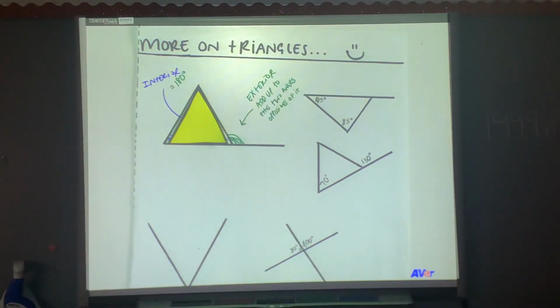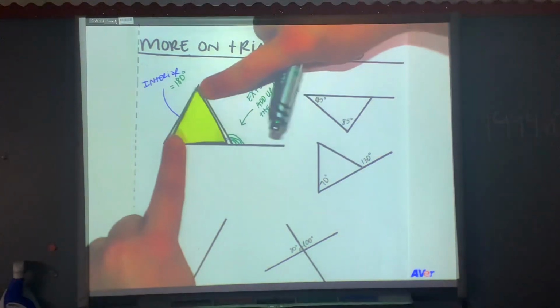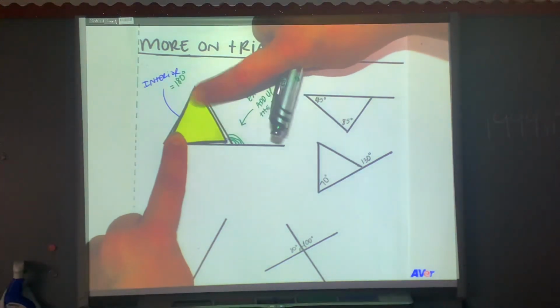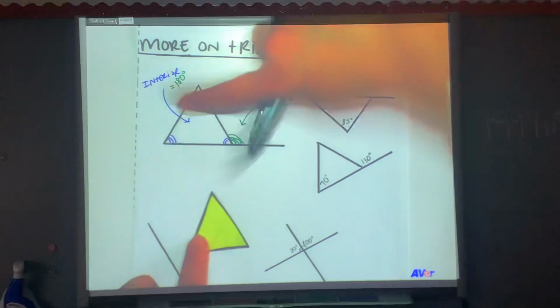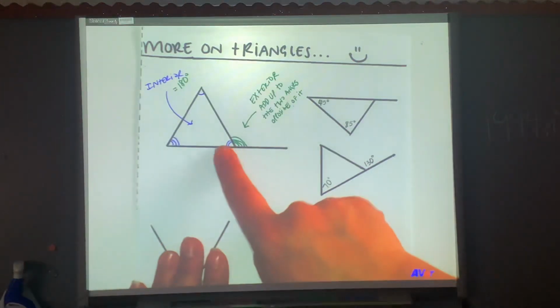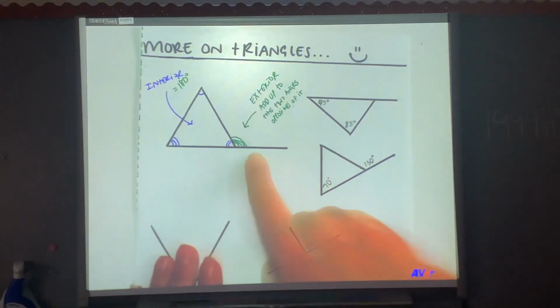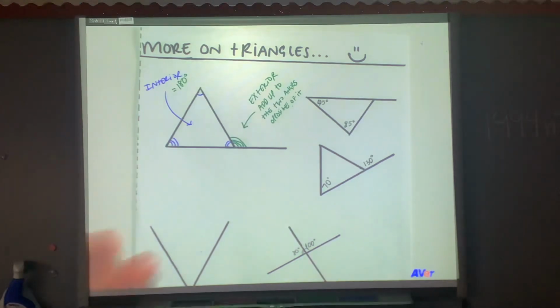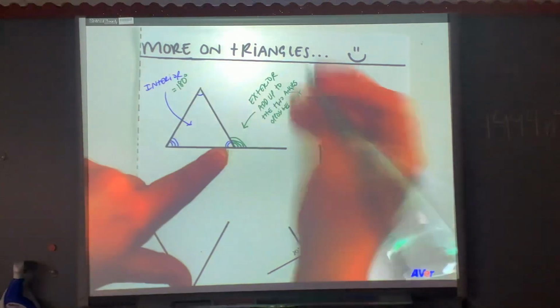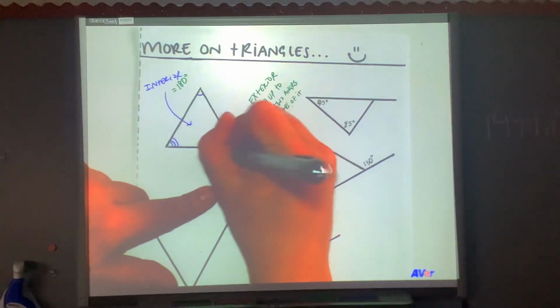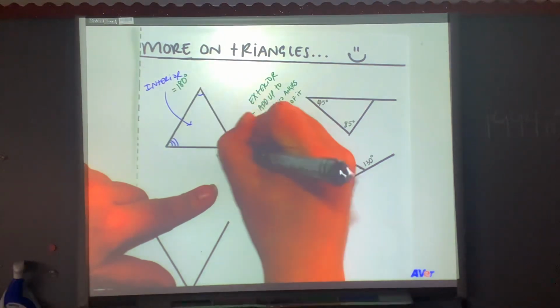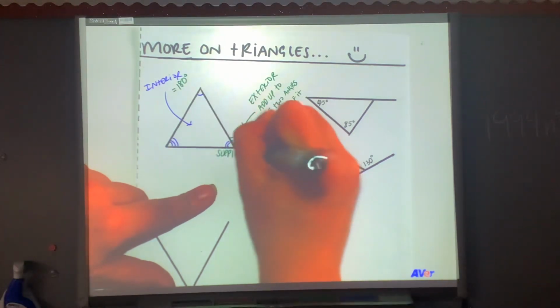This exterior angle is going to actually add up to these 2 angles here. The reason I know that is because, let's talk about this. Here's a straight line. This is supplementary, this is 180 degrees. So that means that these 2 angles, whatever their measurements are, are going to add up to 180 because they are supplementary.